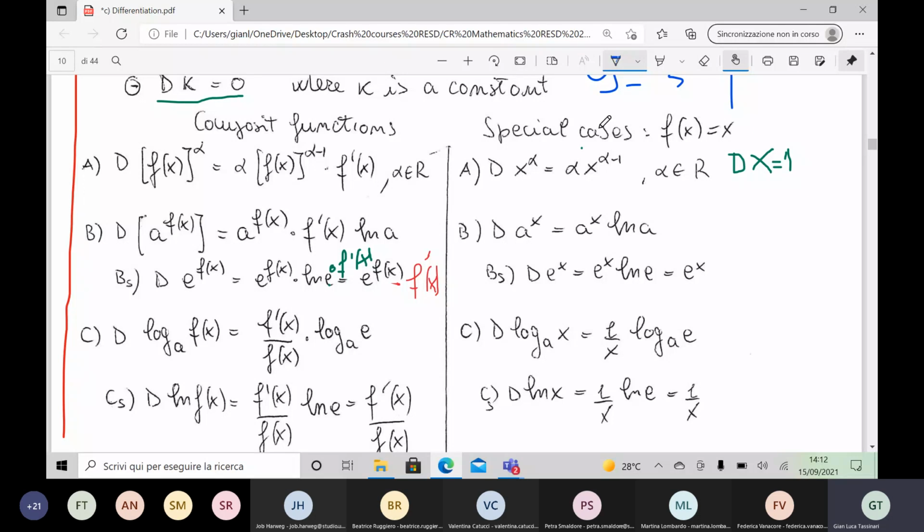So I avoided composite functions and simple functions involving trigonometric functions, like sine, cosine, tangent, cotangent.